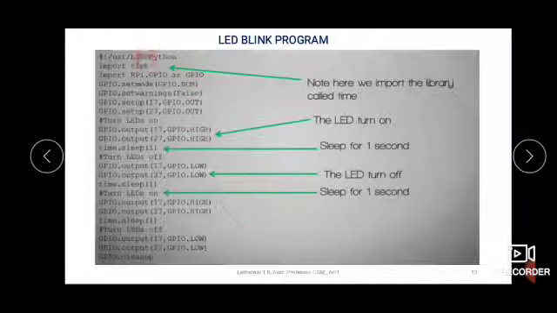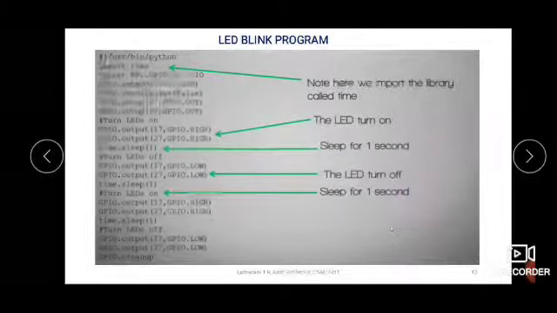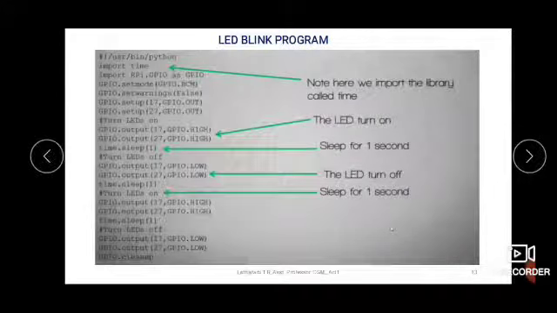These are the same, and here we are importing another package called time. It is used because we have to give some delay between the on and off values given to the LED. For some time it should be on, for some time it should be off, so that delay should be given. For that purpose we use the time package.